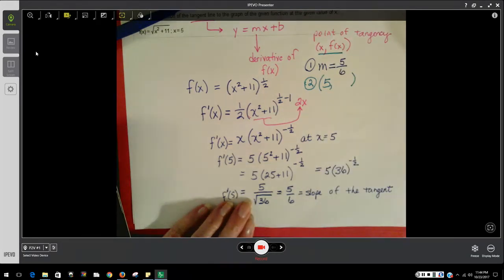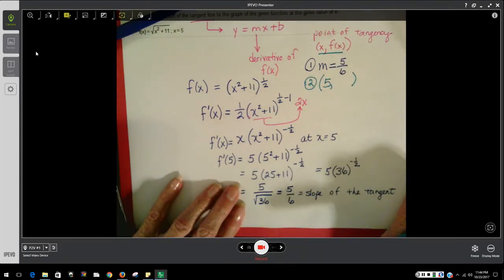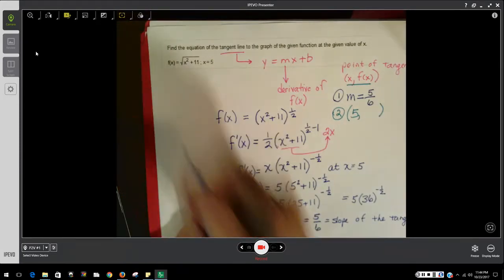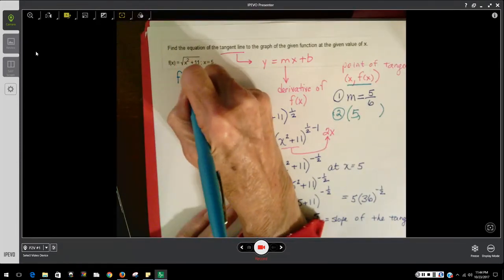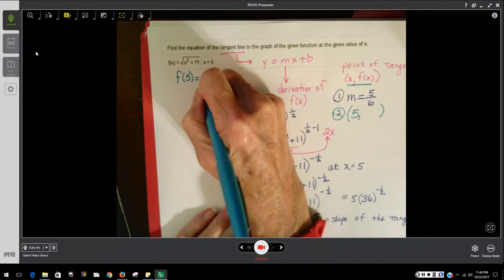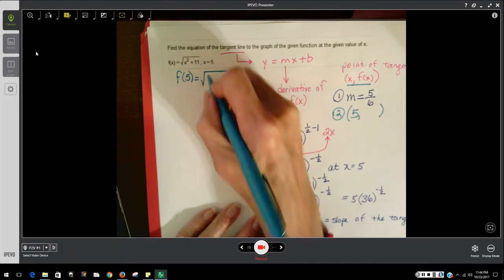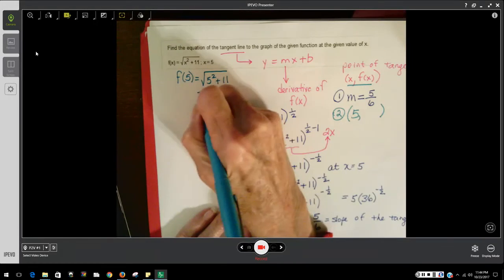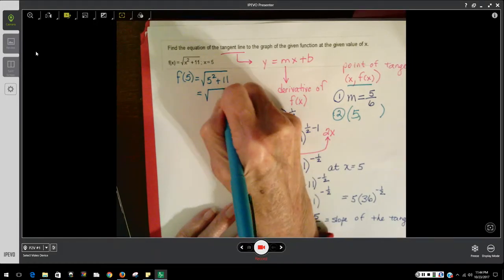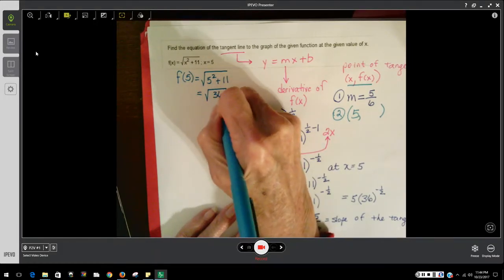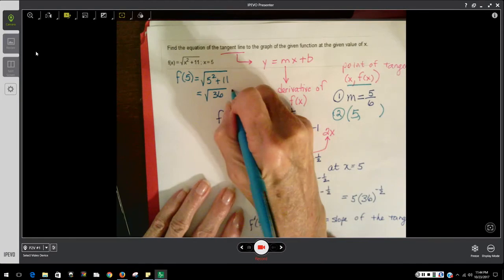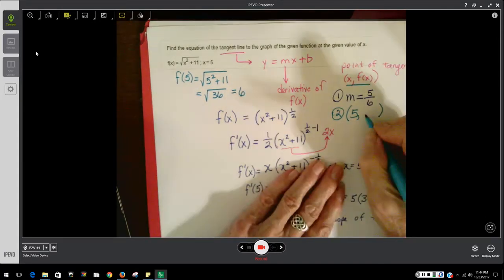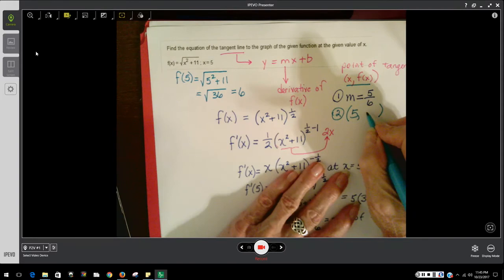So in order to get f of 5, we need to go back to the original function. And 5 squared plus 11 is, once again, 25 plus 11, which is 36. And we need to take the square root of 36, which is 6. So the y value, or the f of x value, is going to be 6.